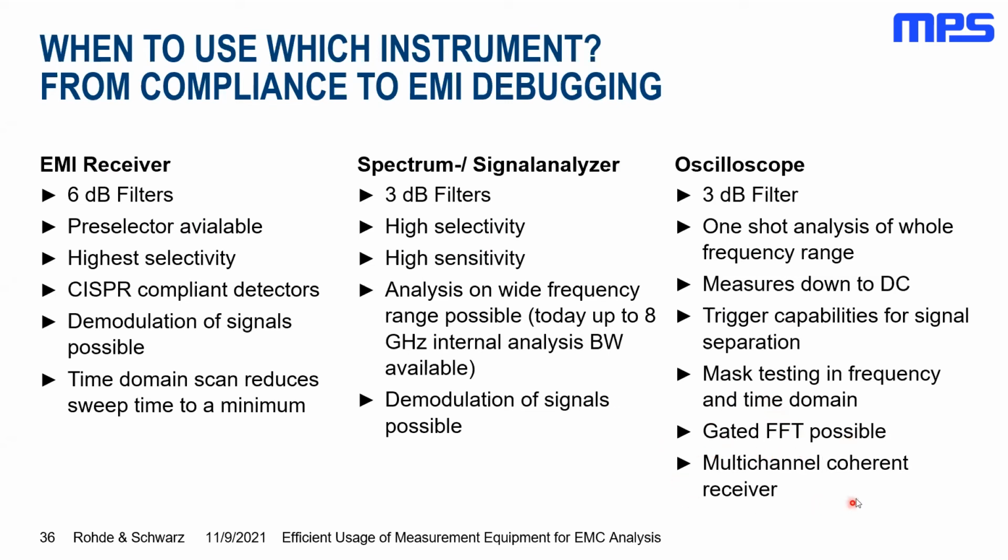And like we have seen at the beginning, for the multi-channel coherent receiver we have with this oscilloscope, you could use up to 4 channels at a time and therefore do very helpful cross-correlation between measurements of, for example, direct voltage running on the lines, an antenna and the near-field probe set, to find out where your EMC issues are coming from.